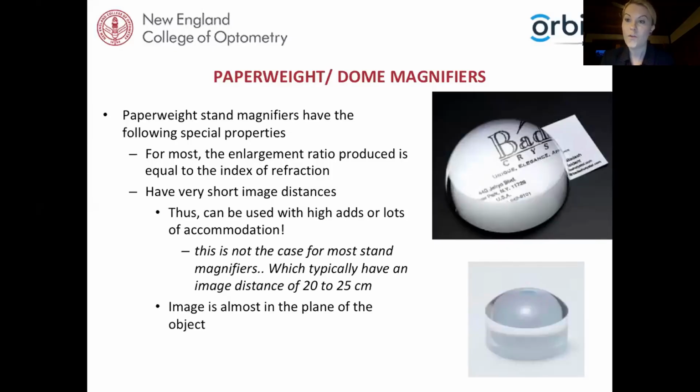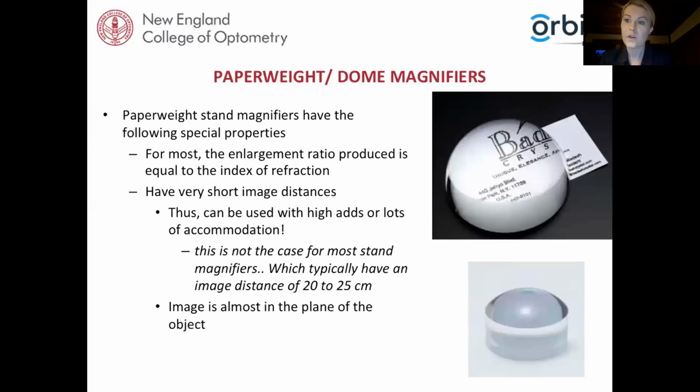And so for children who like to accommodate, they can use a lot of accommodation, or you can use a very high add with a dome magnifier because that image distance is so short. And this is really typically not the case with our other stand magnifiers that often have image distance in the order of 20 to 25 centimeters for many manufacturers.